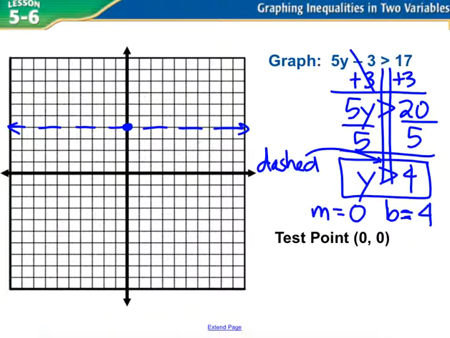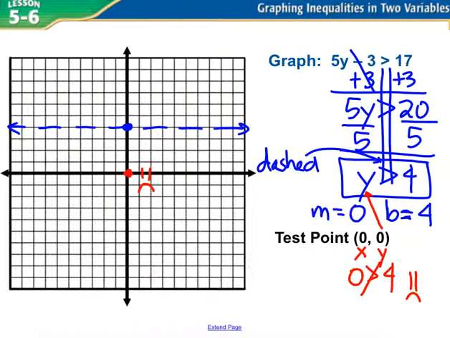Last thing we got to do is just test to see, do I need to shade everything above this horizontal line or everything below in order to get the rest of my solution? So in your test work, all we got to do is plug in y. We've got 0 is greater than 4. What? 0 is not greater than 4. Frowny. That means the origin right here is not a solution.